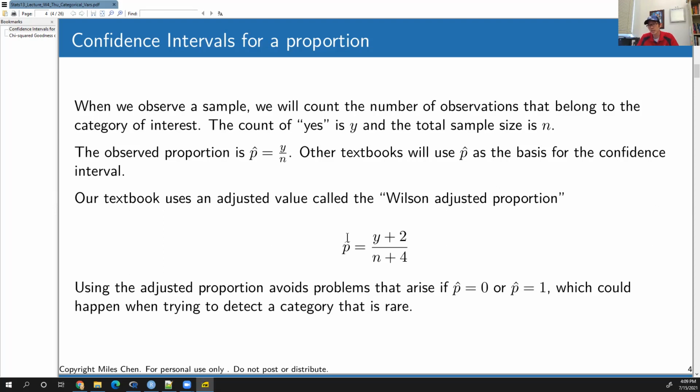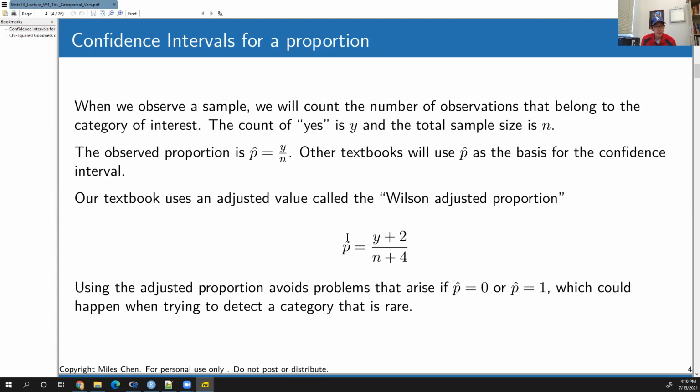And similarly, the opposite would also be true. If you take a sample of, let's say, 500 people, and all 500 people responded yes. Again, it could be some very common condition.